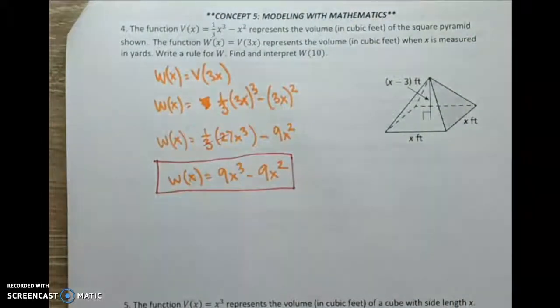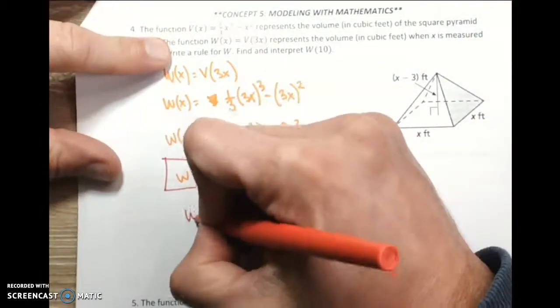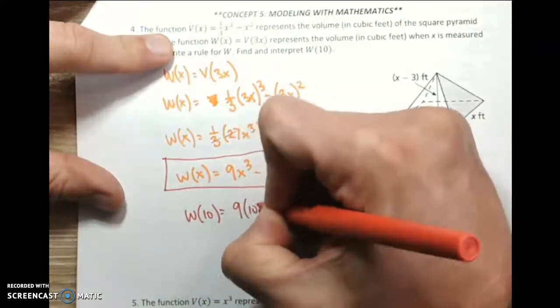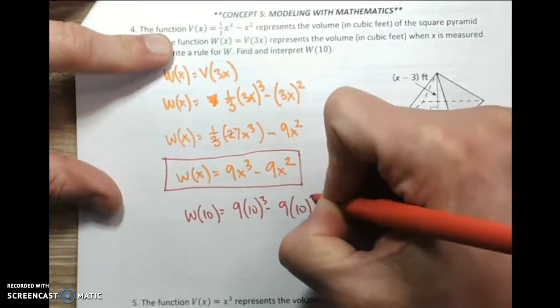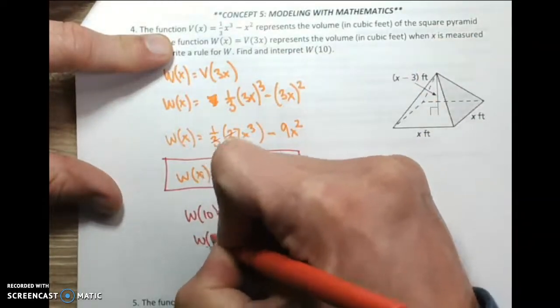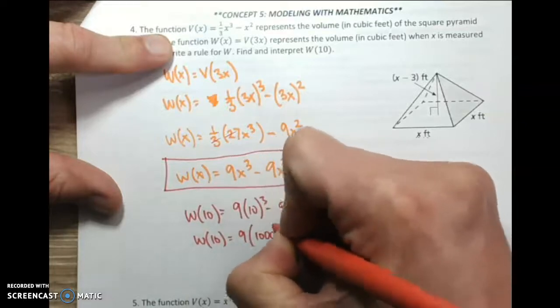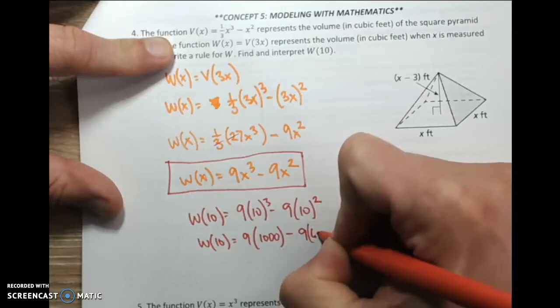Right now, to interpret w of 10, I'm just replacing x with 10. So w of 10 equals 9 times 10 cubed minus 9 times 10 squared. W of 10 equals 9 times 1,000 minus 9 times 100.